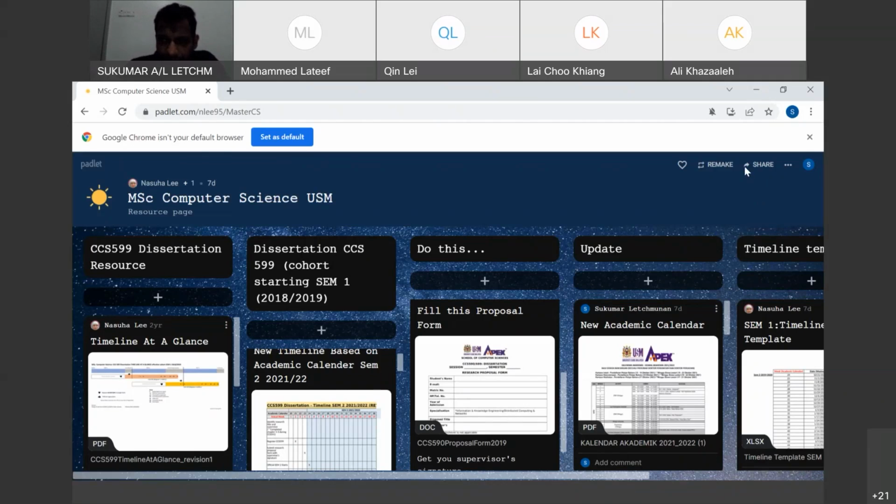Okay, any other question? Sorry, Doctor. And Calvin, just to double confirm regarding the IPS registration, we can straight away do it today, right? IPS registration, I don't think so. You can't register now because you have not passed your CCS591 yet. Oh, it means we need to wait until we receive the result for 591 first.